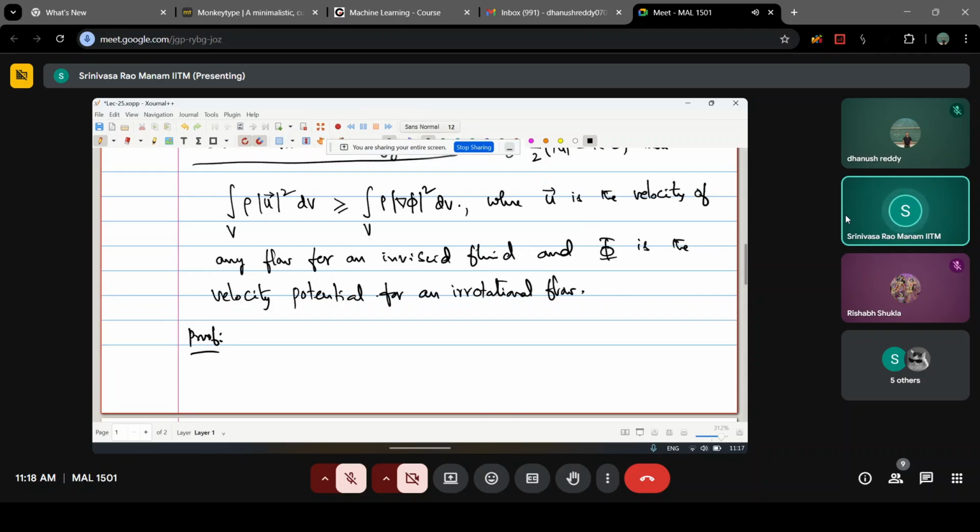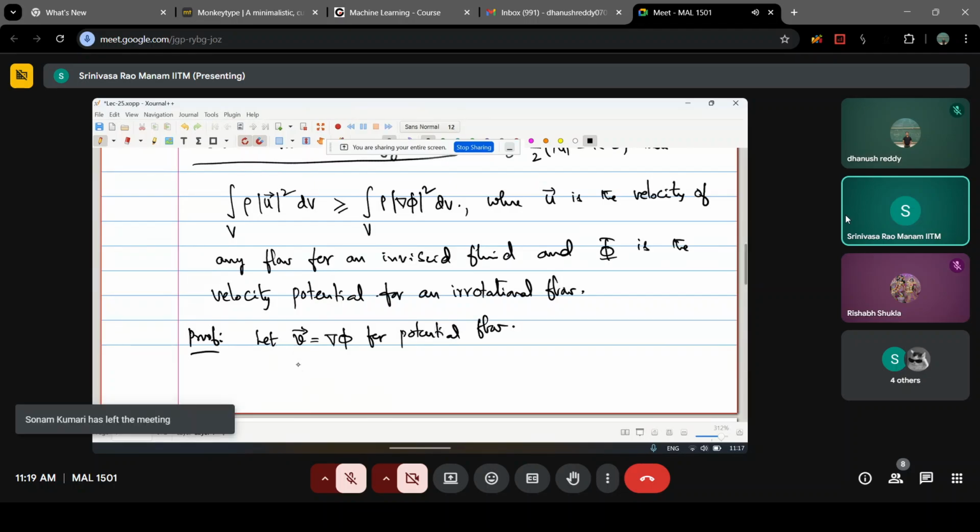Let v be the potential flow, so v bar is equal to grad phi for potential flow, and u be any other flow.